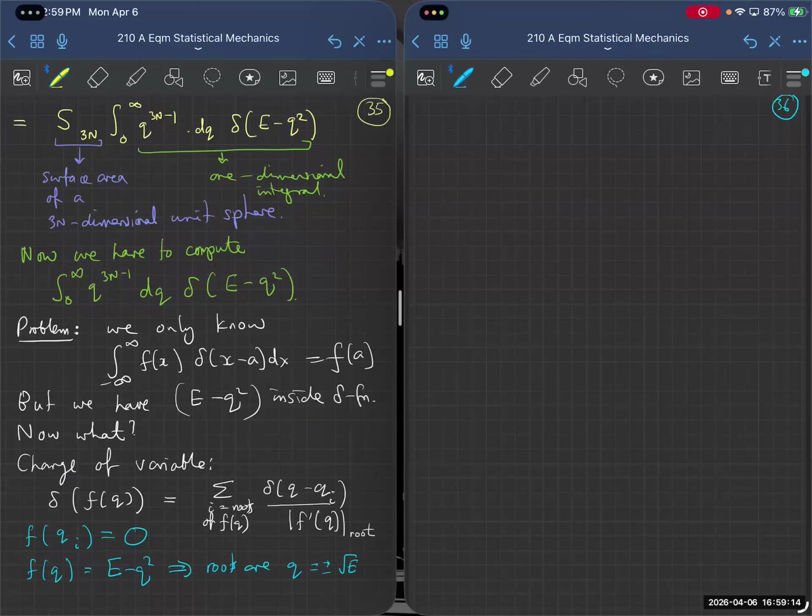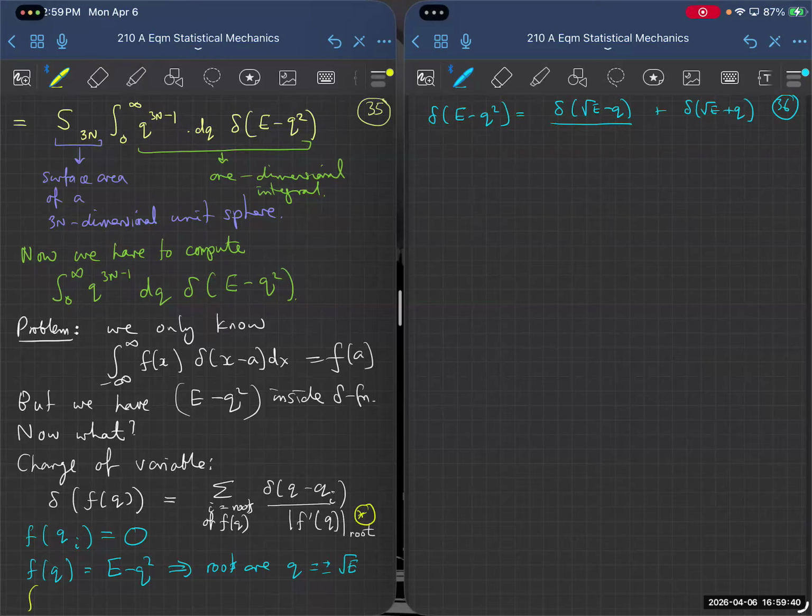So I can write then the delta function of e minus q squared is equal to the delta function of the square root of e minus q plus the delta function of the square root of e plus q, and it's normalized by this term over here, the absolute value of f prime.